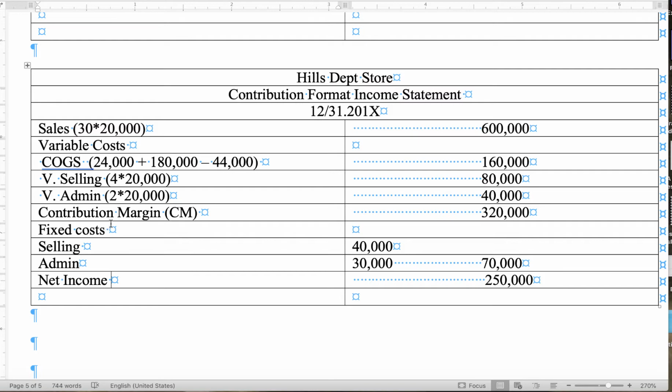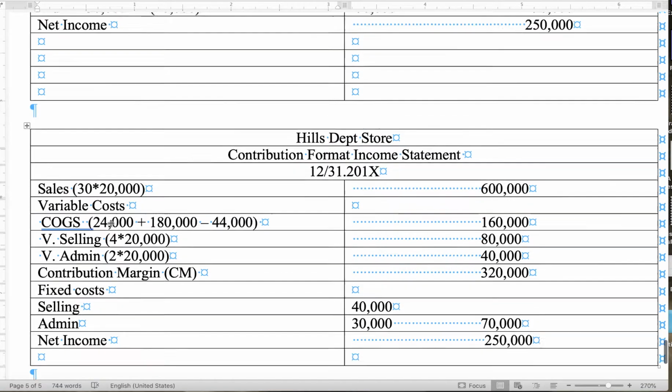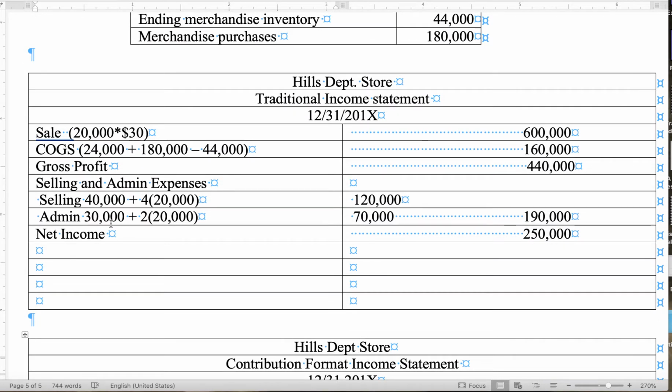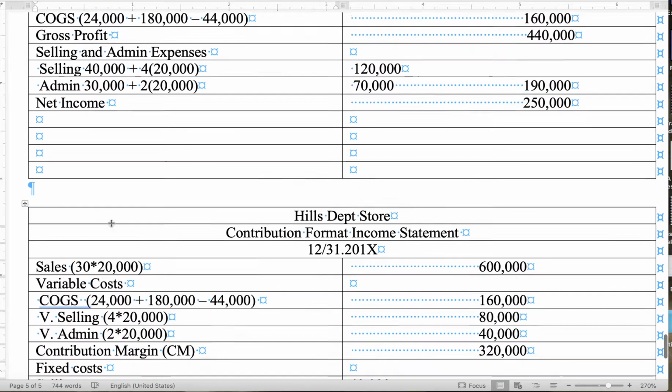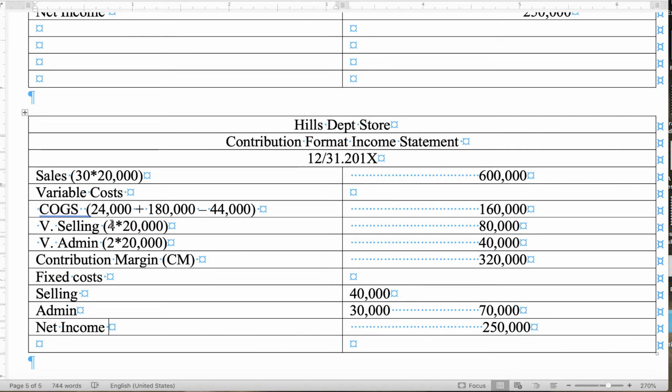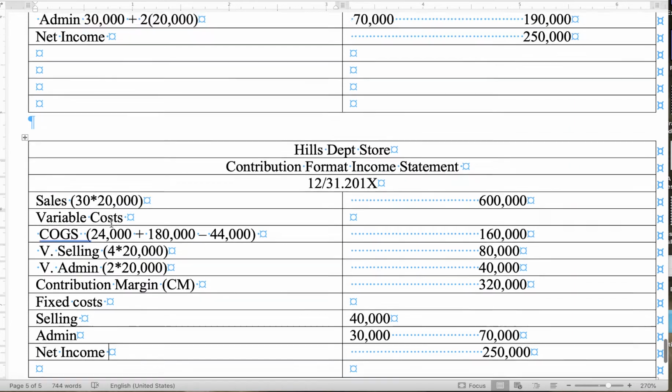Contribution margin exists in the contribution formatted income statement. Gross profit exists in the traditional income statement. Gross profit does not exist in the contribution formatted income statement. Okay.